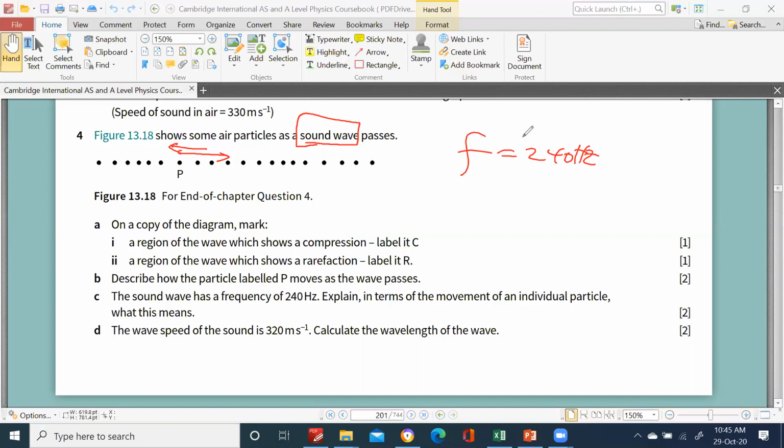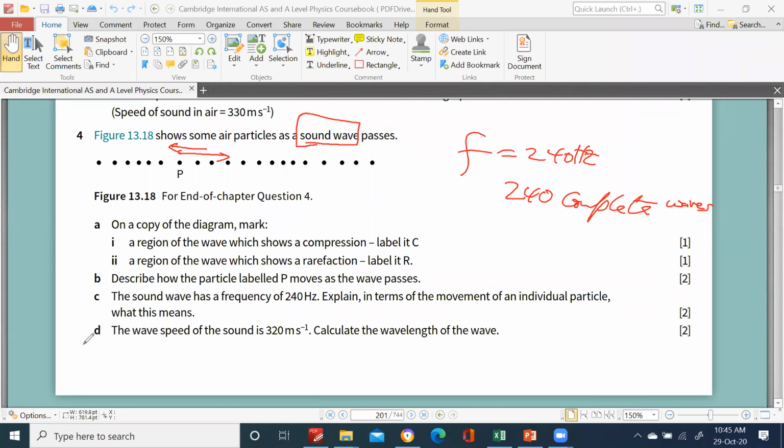The 240 complete waves per second. All right, as simple as that. The particle makes 240 complete waves. You can say waves, you can say cycles, you can say oscillations, you can say vibrations per second.